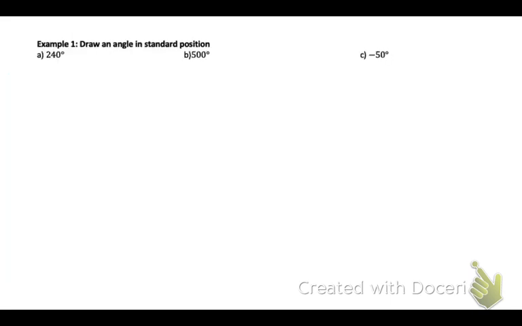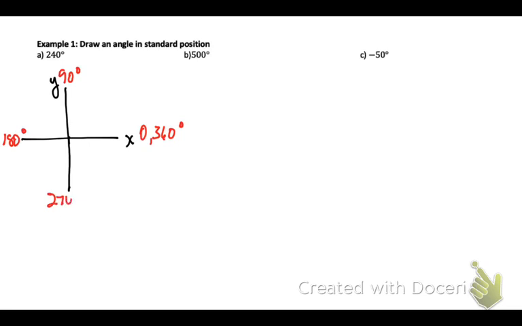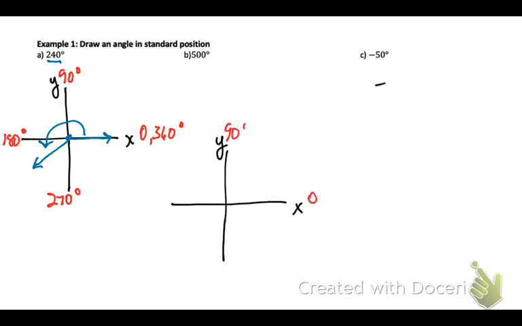So let's practice drawing some angles in standard position. The first thing you want to do is create an XY axis, and then we're going to label what we call the four quadrants with 0 degrees, 90 degrees, 180 degrees, 270, and 360. All right, let me stop this a little bit. That was going a little faster than I wanted.